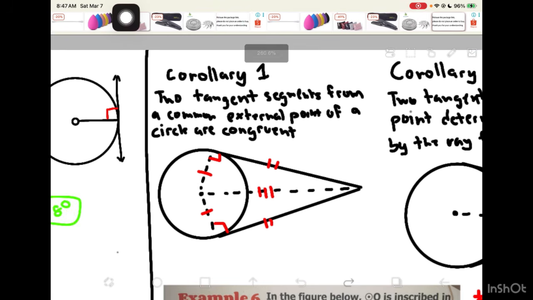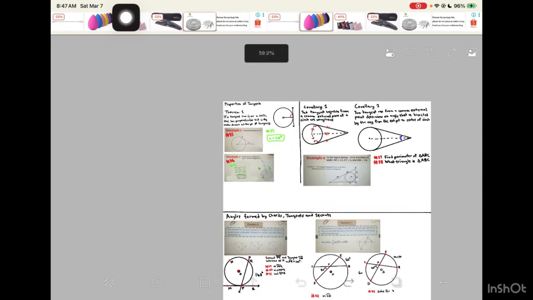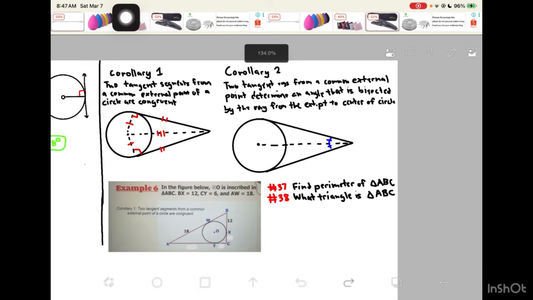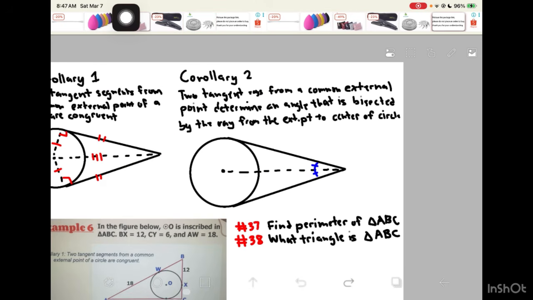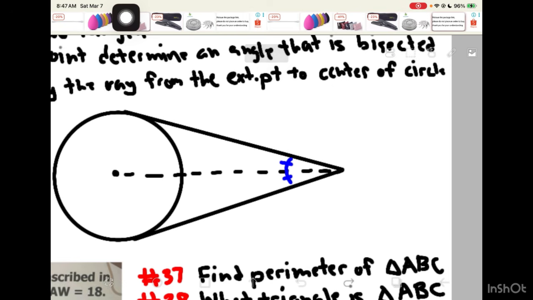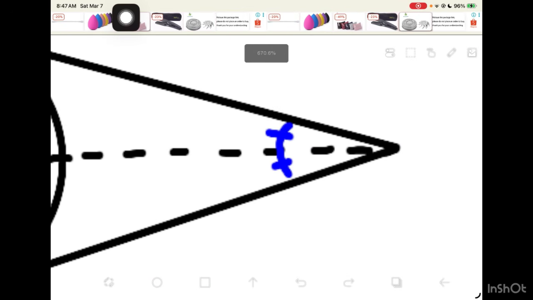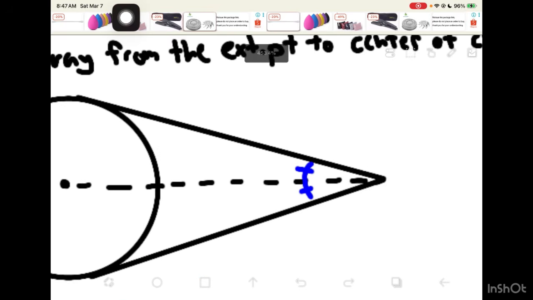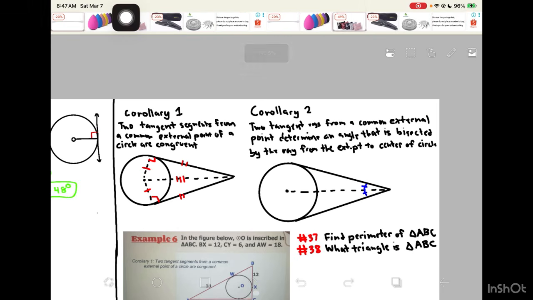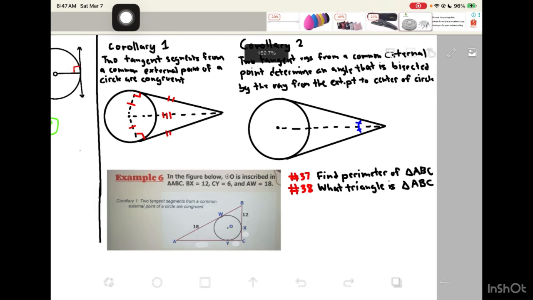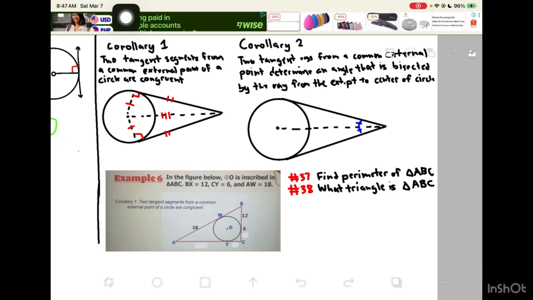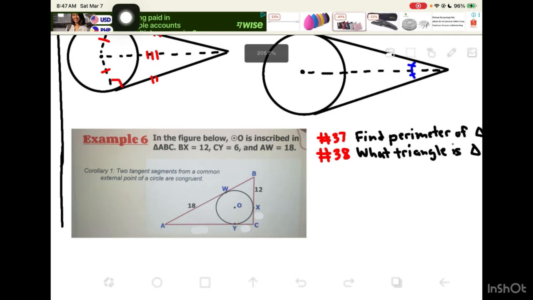But yeah, we'll prove it later. Okay, so then corollary 2, two tangent rays that form a common external point determine an angle that's bisected. So as you could see, if we have 2 points and then we connect a line from the point to the center, that line also becomes an angle bisector.